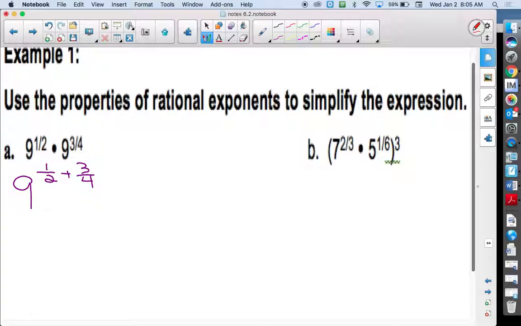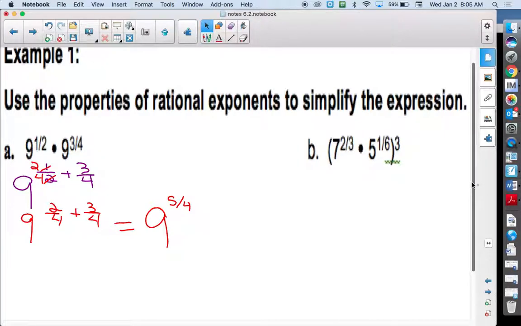So we need to take the 1/2 and multiply each part by 2. So really, we're taking 2/4 and 3/4 and adding those together. When you add those together, what does that give you? 5/4, right, so 9 to the 5/4.